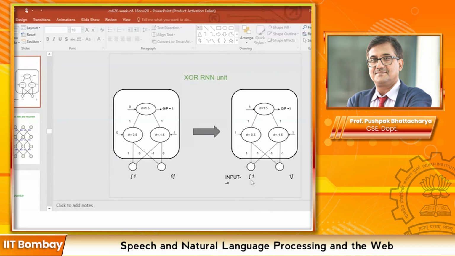The final two bits are 1 and 1. And if in the previous state the output from the outermost neuron was 1, this is being fed back. And the same thing applies to all neurons in the network. Whatever was their output previously is fed back.